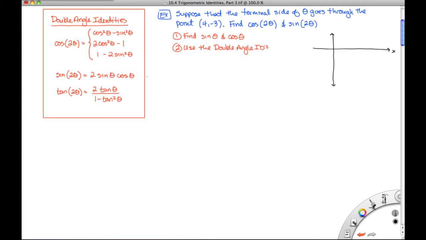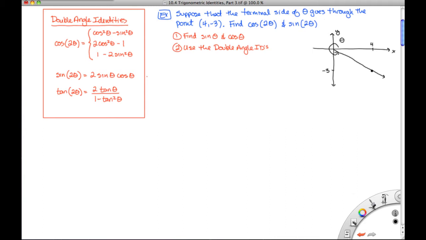This is our x-axis, this is our y-axis, and we know that we've rotated to the point where we've got our terminal side going through the point 4 on the x-axis and -3 on the y-axis. So that's our terminal side. It's rotated around, and this is theta, not 2 theta. That's our angle theta that's rotated through, and it's going through this point right here.